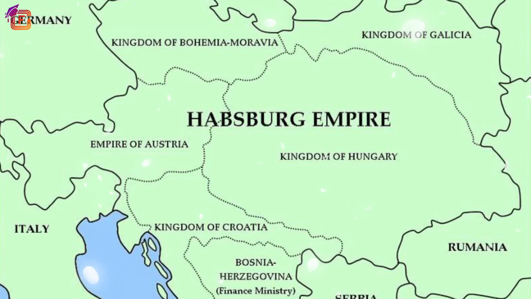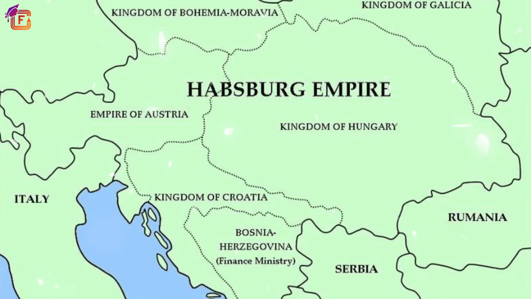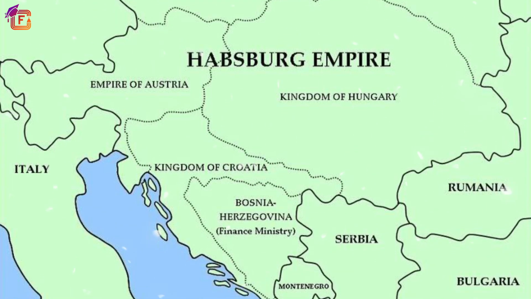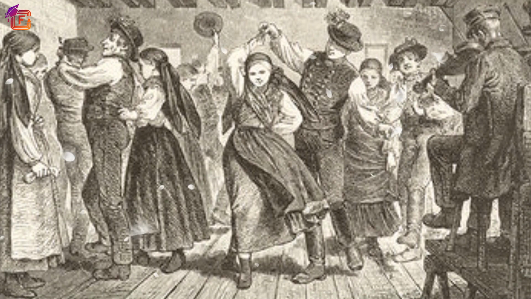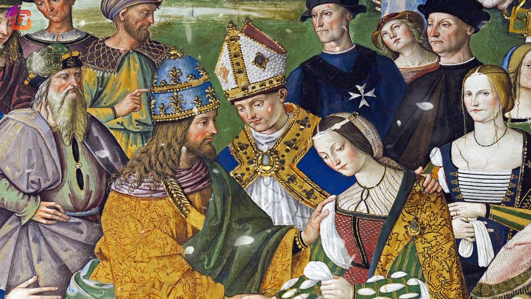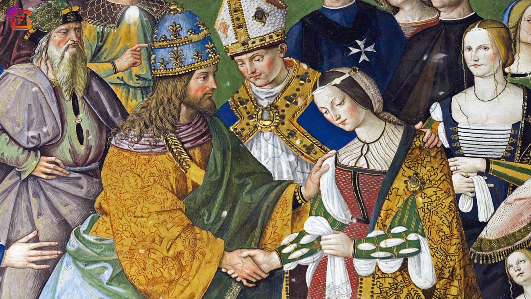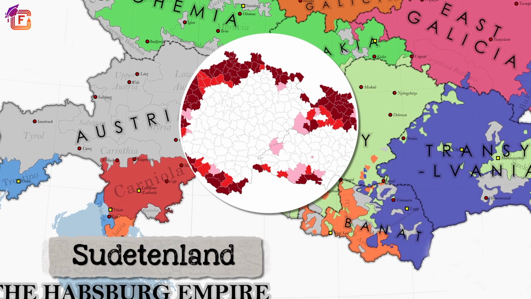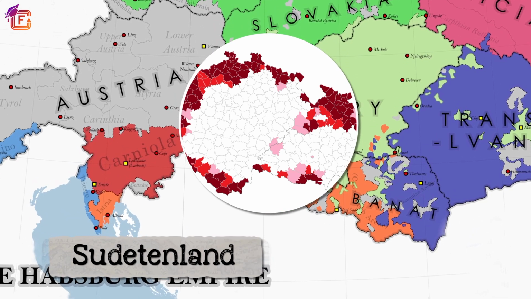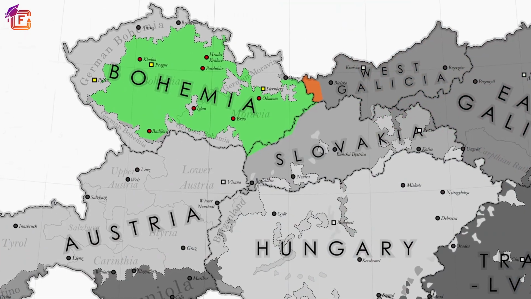The Habsburg Empire that ruled over Austria and Hungary had many different regions under their control where people belonging to different ethnic groups lived. The regions falling under this empire included the Alpine regions, which constituted Tyrol, Austria, and the Sudetenland. In addition to this, they also had power over Bohemia.